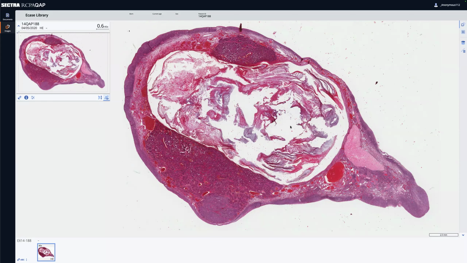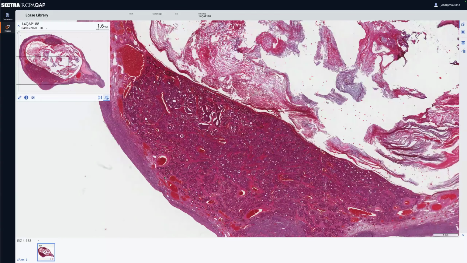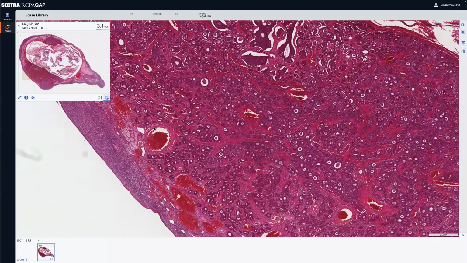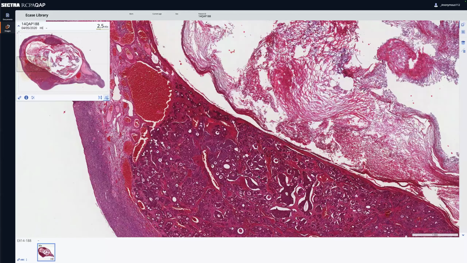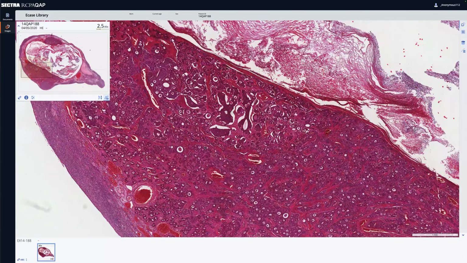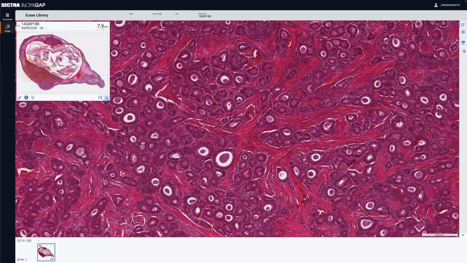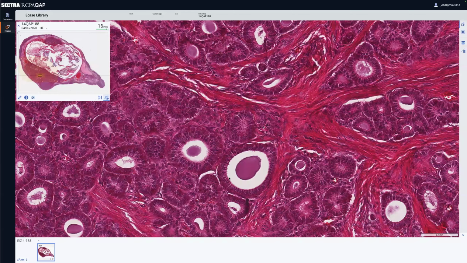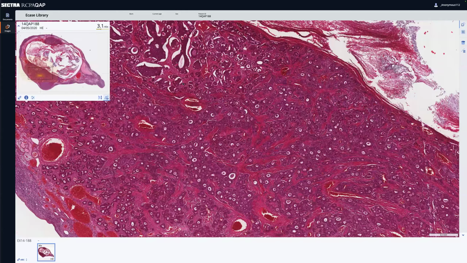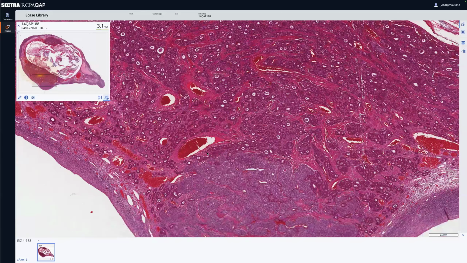So top tip number one: when you're gazing at your lovely ovary here, which has got nice squamous epithelium, and you notice something funny and vaguely glandular going on, the top thought is, could this be a carcinoid tumor?